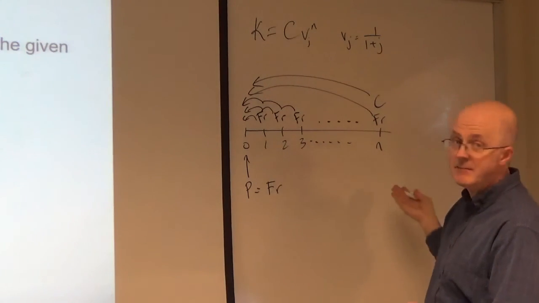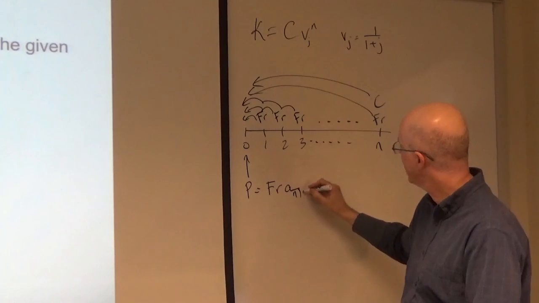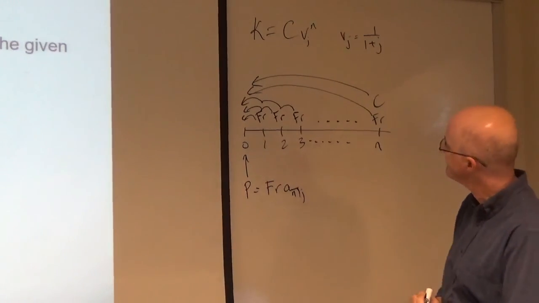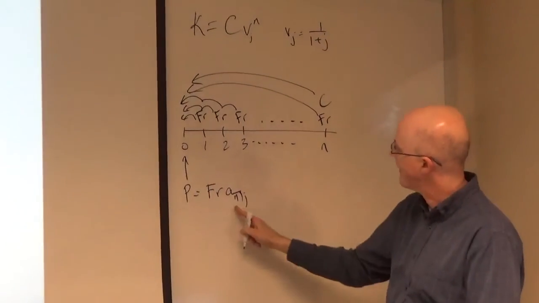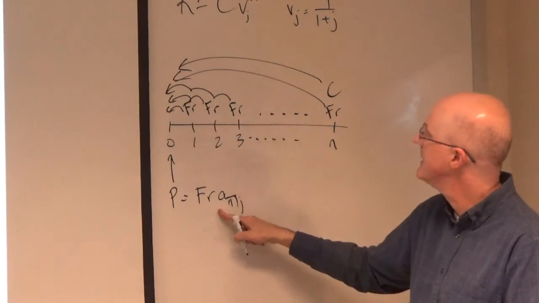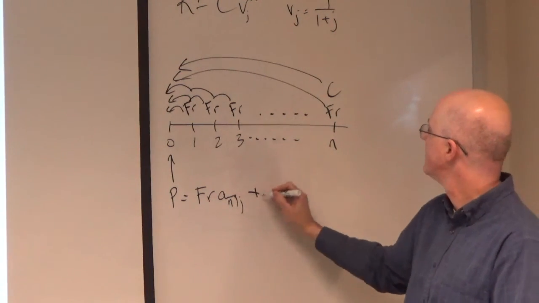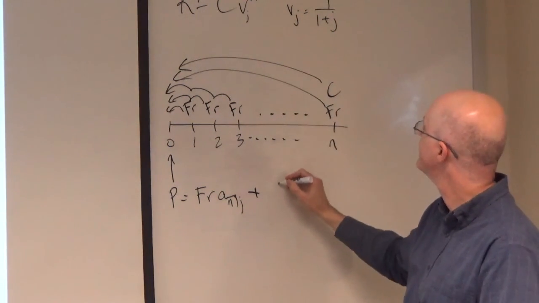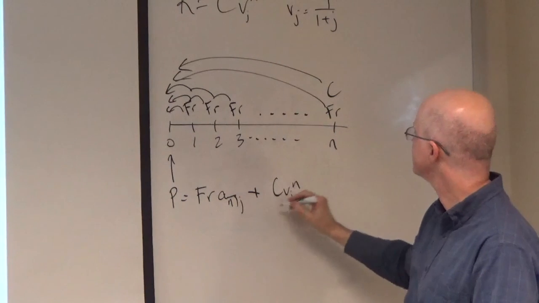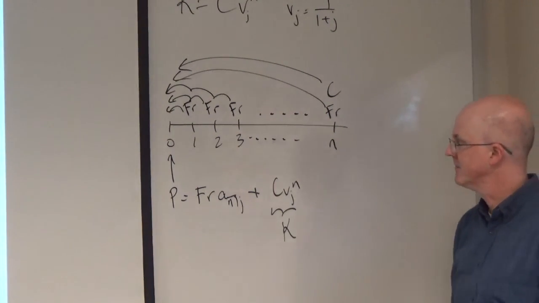Since it's an annuity immediate, you've got to multiply that by your annuity immediate symbol, a angle n at j, with payments of 1 multiplied times F times r, plus K, C times v sub j to the n. This is the same as K. And that is your basic formula.